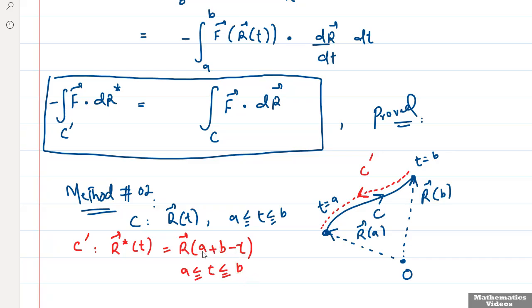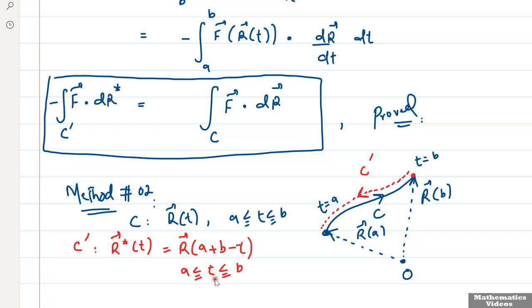Note that in this parametric representation, when we put t equal to a, then we get r of a plus b minus a, that is r of b. So it means that the initial point is this one. And similarly, when we put t equal to b, then we get r of a.